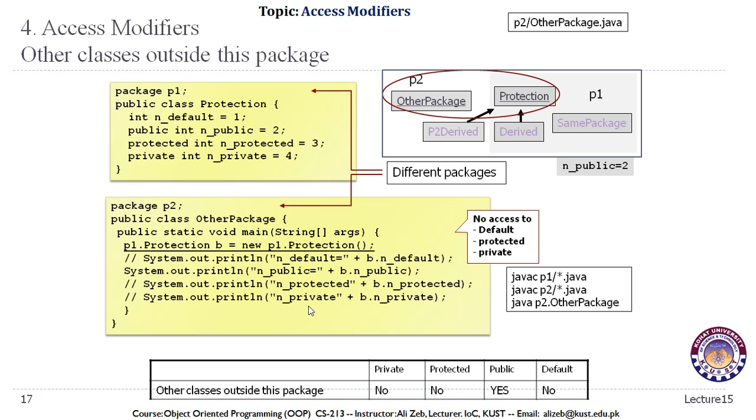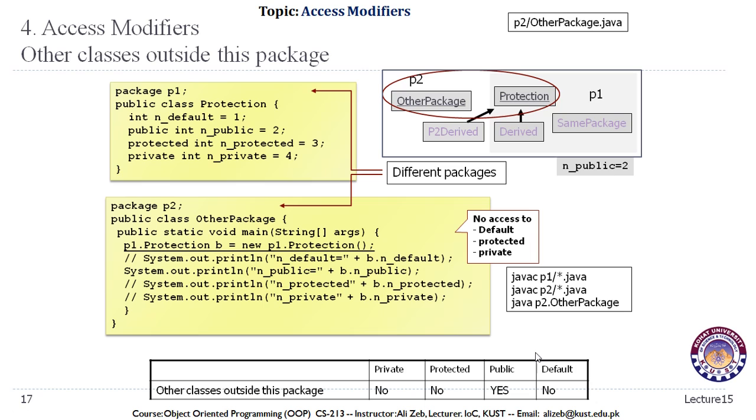Other classes outside of this package, which is not a subclass of this protection class, we cannot access the private variables, of course. We cannot access the protected variables, while we were able to access the protected variables when we had a subclass of the protection class in the different package, and we were not able to access the default variables, and we cannot access the default variables in this case as well.